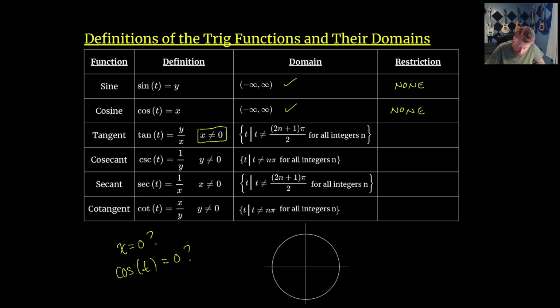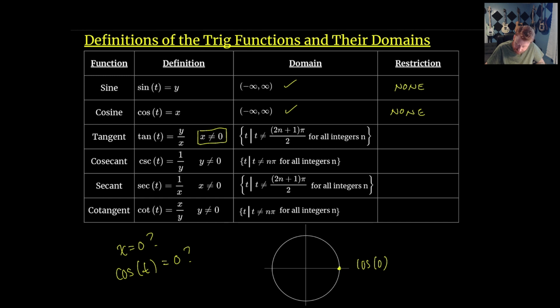Well, I know that the cosine of 0 is equal to 1, so that's okay. But the cosine of pi over 2 is equal to 0. And it also happens to be that the cosine of 3 pi over 2 is equal to 0. And if we think about this, we could keep traveling around more as well, right?